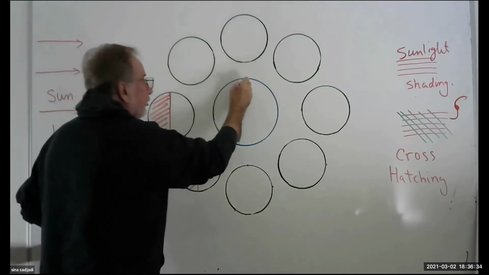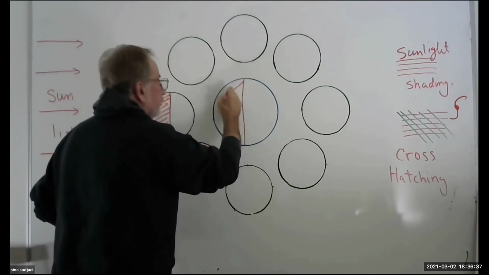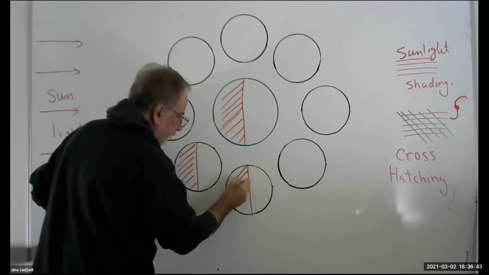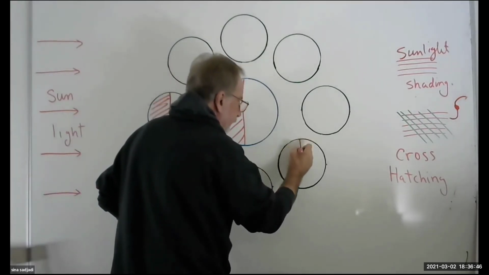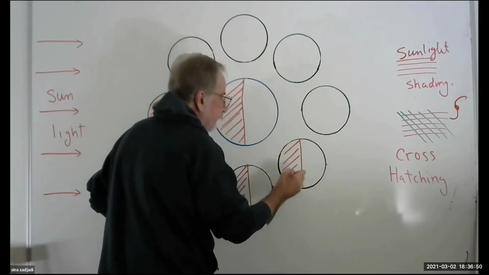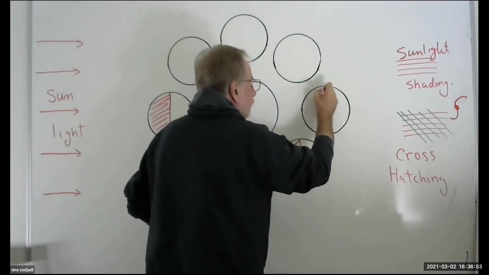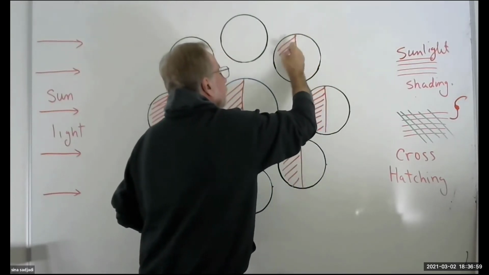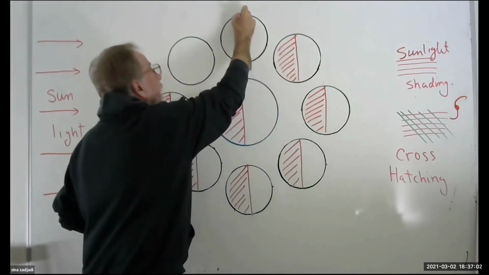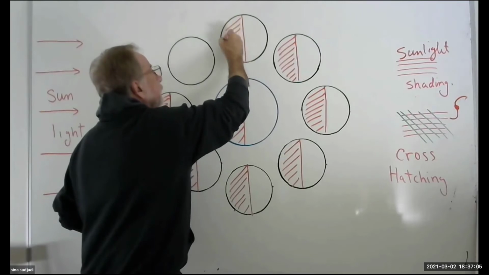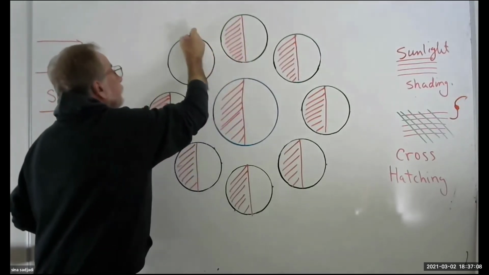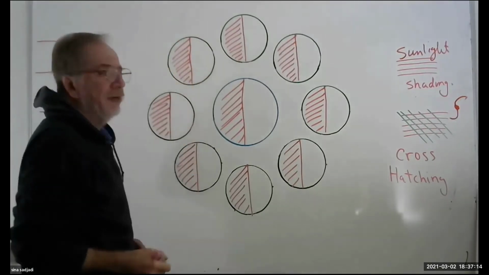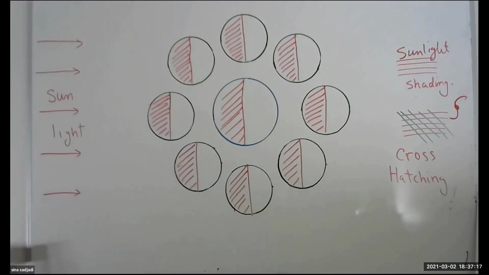And we also put some on the Earth too. There you have it. Now we have sunlight on the moon and the Earth.